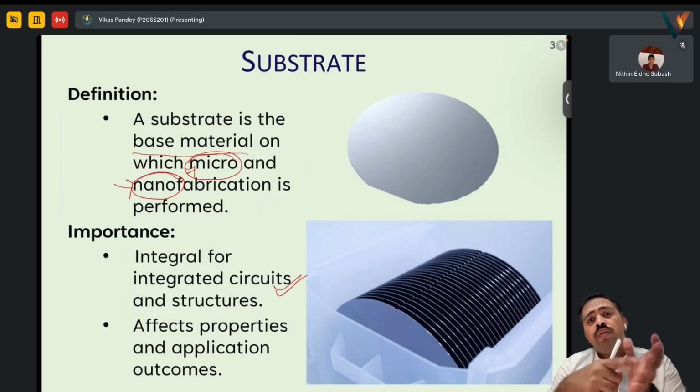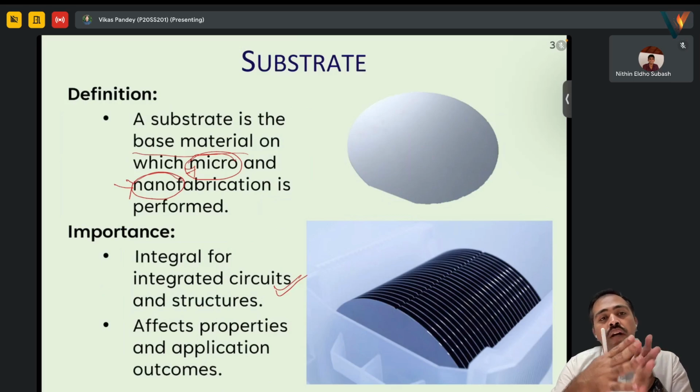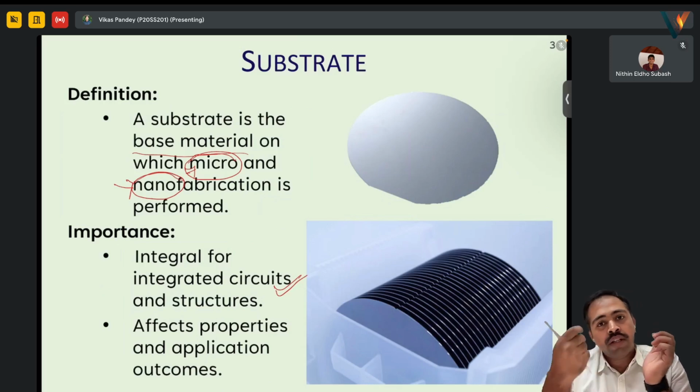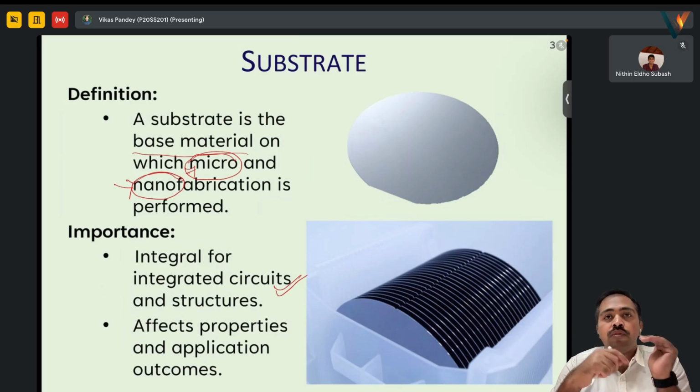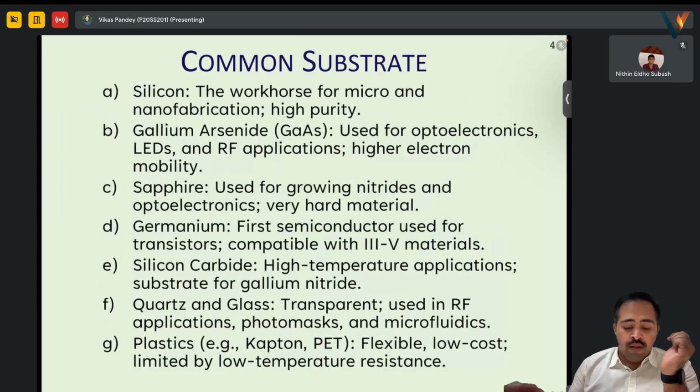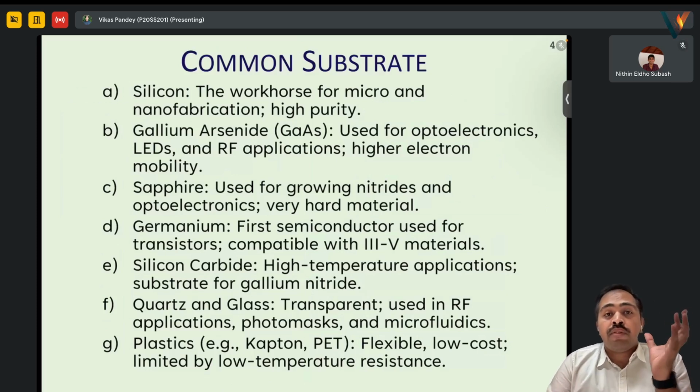What we will make will also have some properties due to the substrate. So the selection of the substrate, or the starting material, is very important.